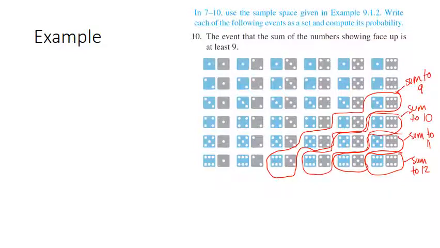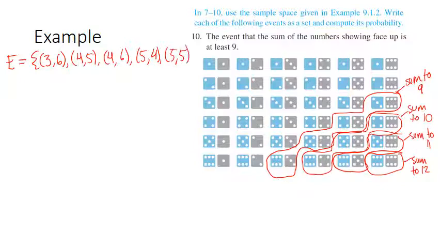Okay, so for my event, I'm going to write it like this. I can have 3 and 6, or 4 and 5, or 4 and 6, or 5 and 4, 5 and 5, or 5 and 6, and then finally 6 and 3, 6 and 4, 6 and 5, or 6 and 6.